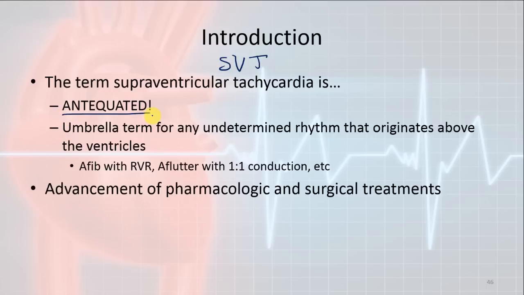It is not accurate. It used to be that any time that you had a narrow complex tachycardia that was over 150, you automatically classified it as SVT. Fortunately, advancements in pharmacologic and surgical treatments and research has shown us that there are 7 different types of SVT that a patient can be in.